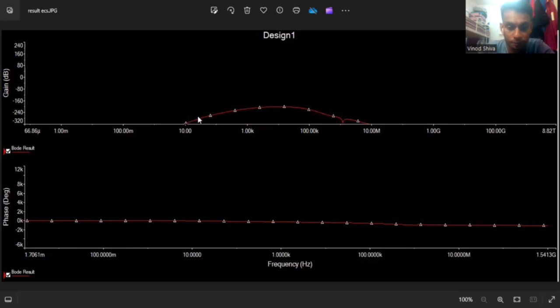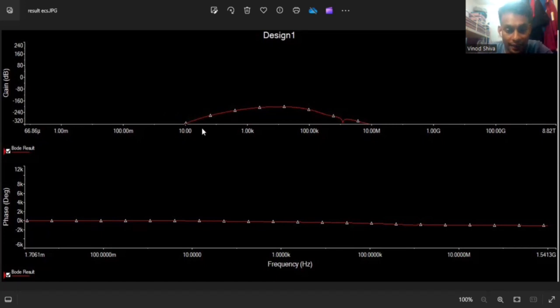The vertical axis, the y-axis, represents the gain of the system in decibels. The gain measures how much the system amplifies or attenuates the input signal at different frequencies.